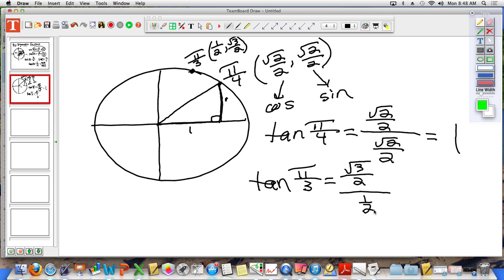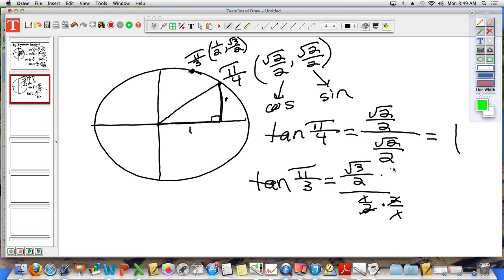But I want you guys to recognize something. When you are doing a problem like this, you're taking a fraction divided by a fraction. When you divide by a fraction, that is the same thing as multiplying by the reciprocal. So really what you're doing is getting rid of the 1/2 on the bottom by multiplying by 2 over 1. The 2 over 1 and the 1/2 cancel each other out, but then you have to multiply the numerator by the same thing too.